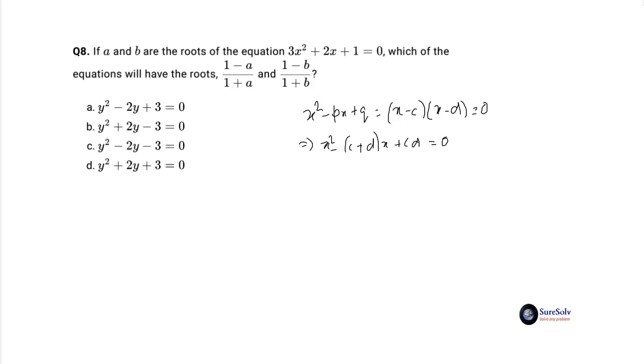The sum of the two roots is then c plus d equal to p, the middle term, and the product of the two roots is cd equal to q, the numeric term.